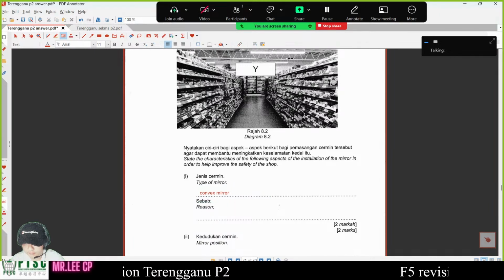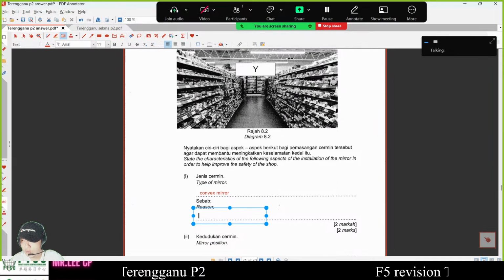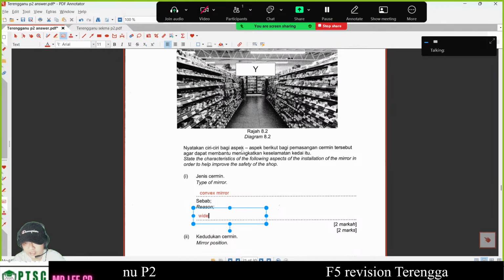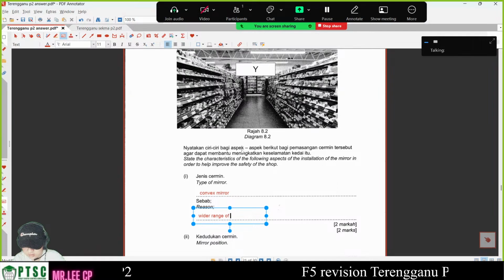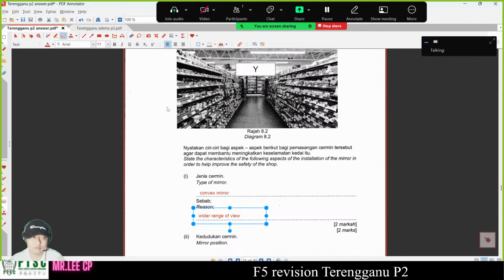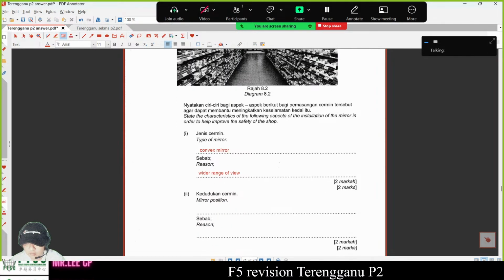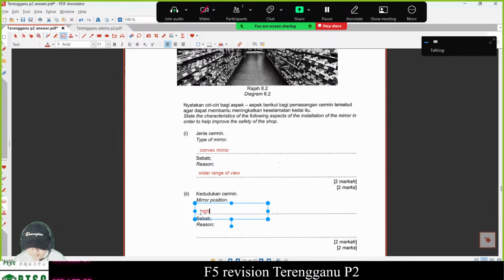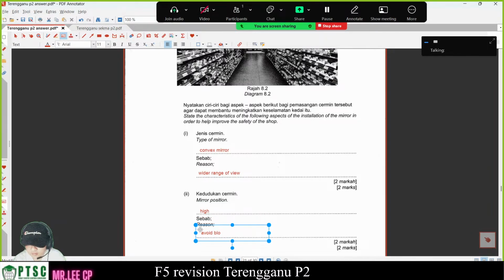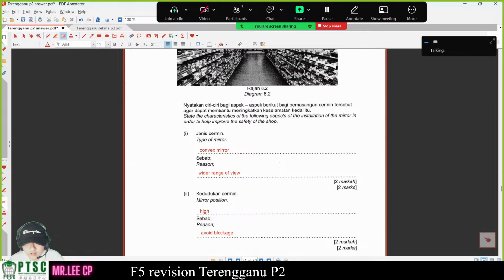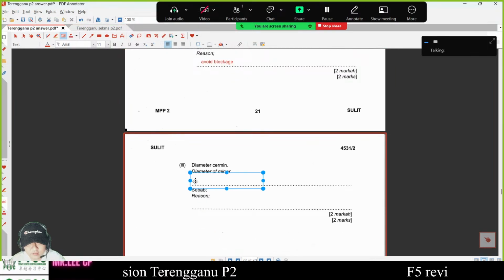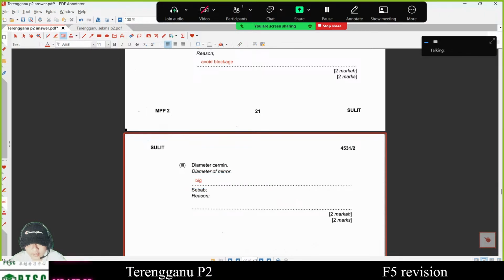Why? A convex mirror has a wider range of view, so the angle will be wider and you can see more. Position must be high to avoid blockage, so that it is not blocked easily. Diameter of the mirror must be big. Why? To reflect more light.